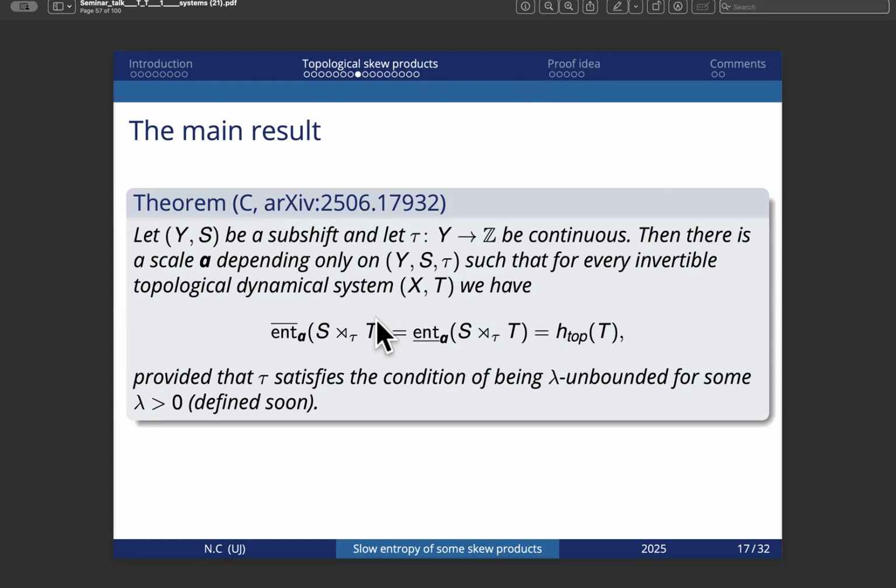So this result says, Nicanor, before you proceed, just one short question. So the right-hand side is the topological entropy, the regular exponential topological entropy of the fiber, right? Yes. And there exists, you can find the scale such that this happens.